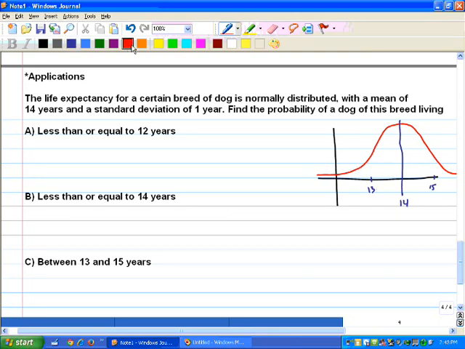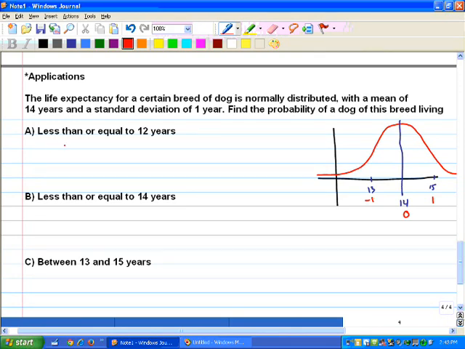Using z-scores, we can convert this to a standard normal curve, and we can find the probability that a dog of this breed lives less than or equal to 12 years.